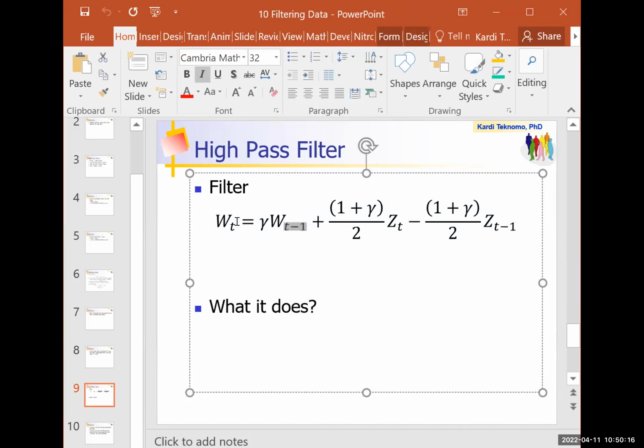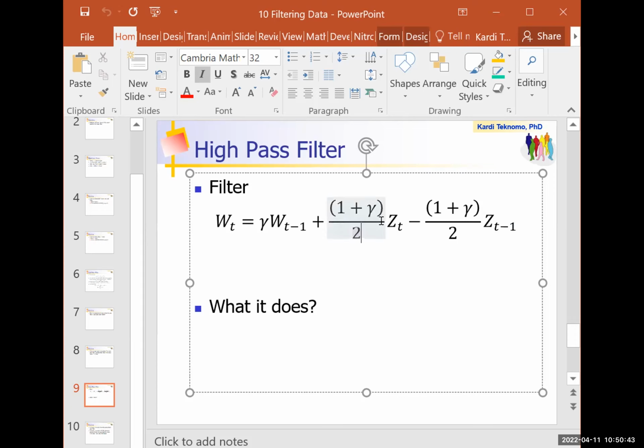So in Excel it is easy, you can see the previous row. Everything with Z_t means current at this row, the same as the filter. And t minus 1 means the previous row. Is this clear or not?